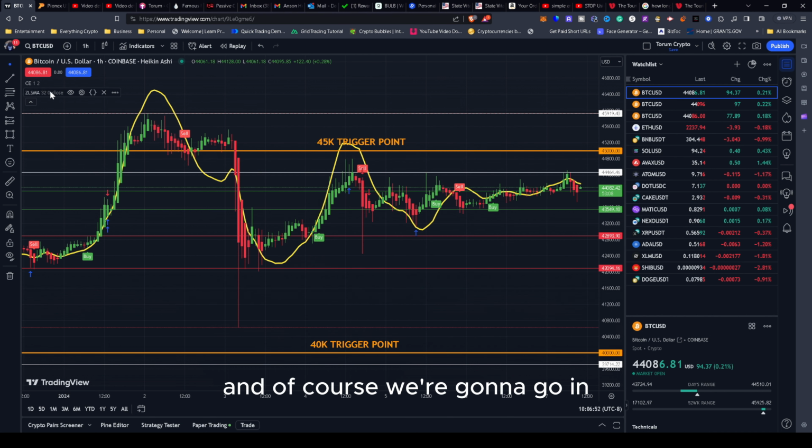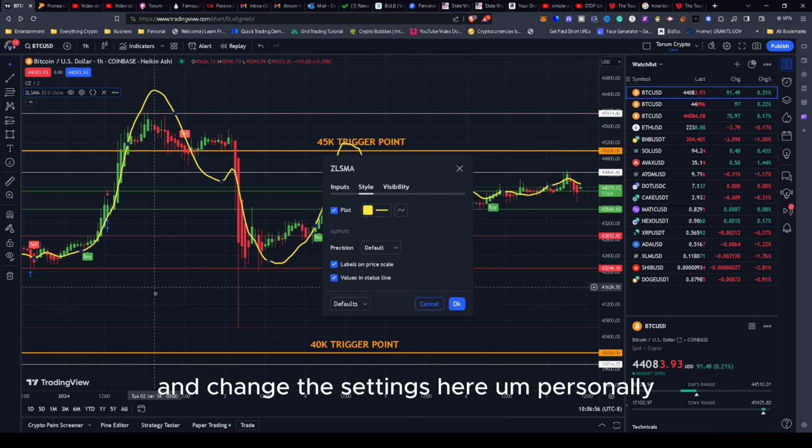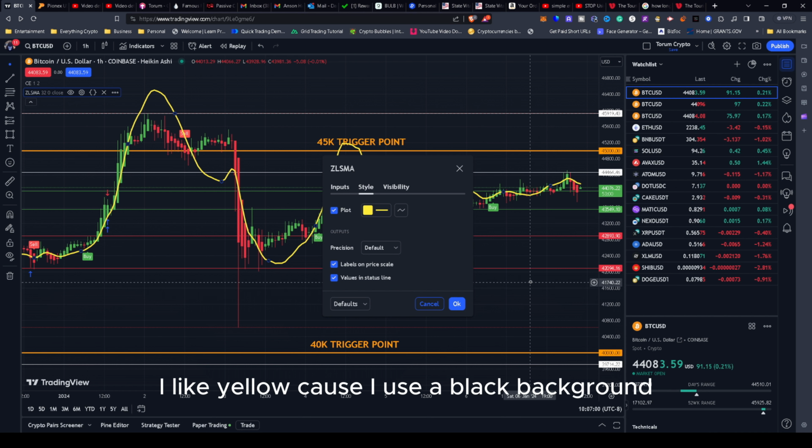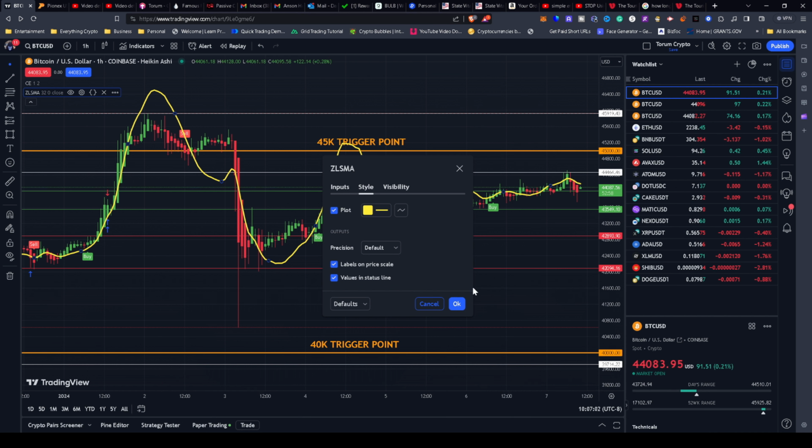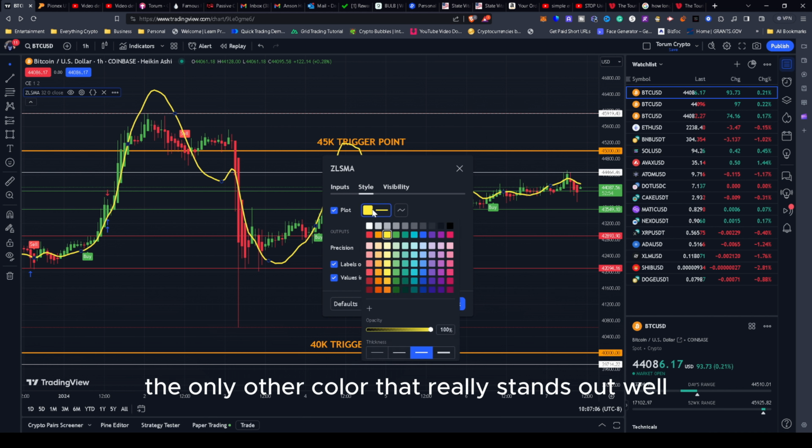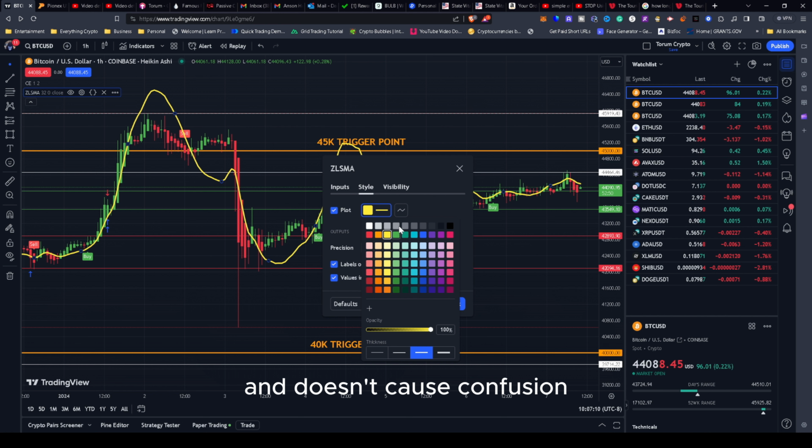And of course, we're going to go in and change the settings here. Personally, I like yellow because I use a black background. Yellow stands out really well. The only other colors that really stand out well and don't cause confusion are white and light gray. Both of those still stand out really well, but I like to keep it yellow.